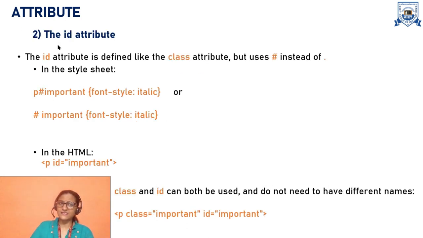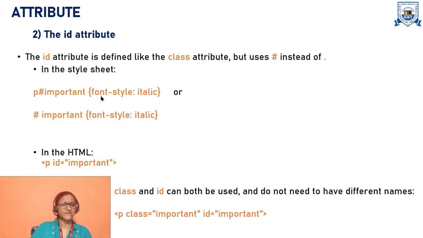Now after the class attribute, we have the ID attribute. It is just similar to the class. The difference is we use the hash symbol instead of the dot. In the style sheet, how do we define it? P, then the hash symbol, the name of the ID, then the style you want.